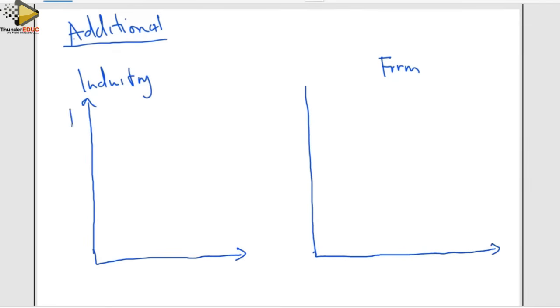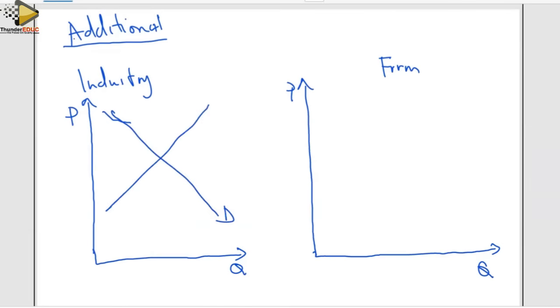On the vertical axis is the price, and on the horizontal axis is the quantity. We are saying the industry has got the interplay of the market forces of demand and supply, giving us an equilibrium there. And this is the quantity for the market, and this is the price for the market.